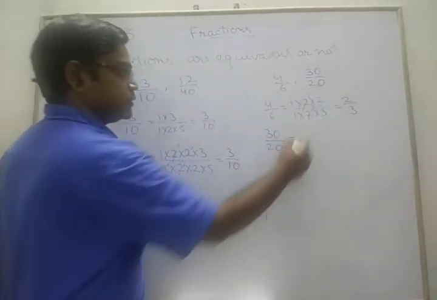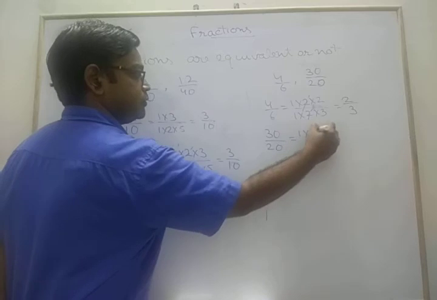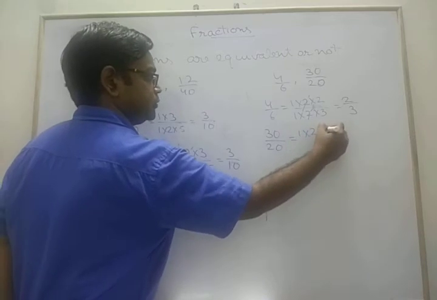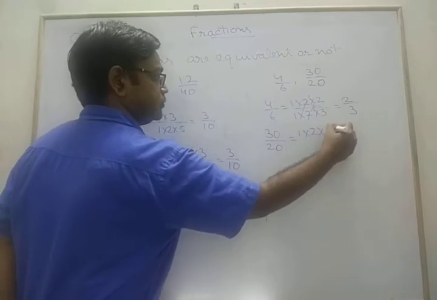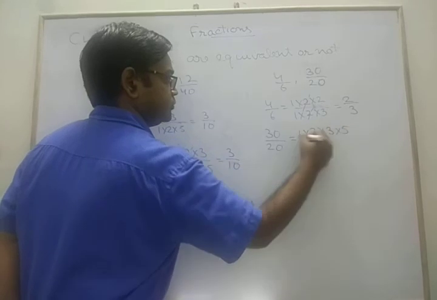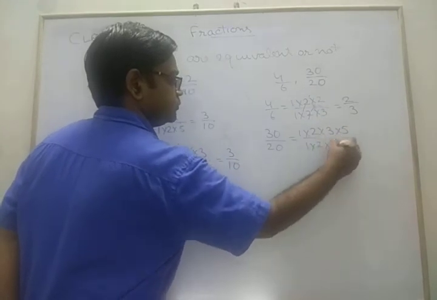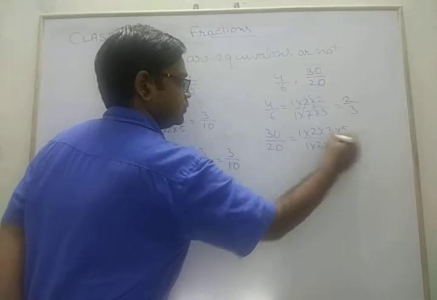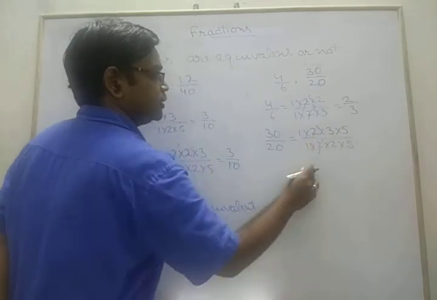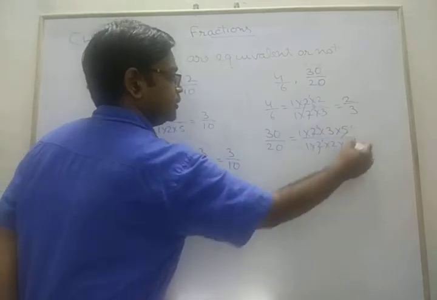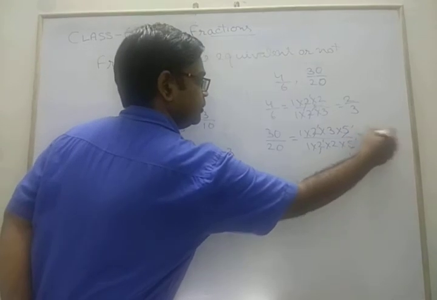Write down the factors. The 2 cancels and the 5 cancels, and what we have is 3 upon 2.